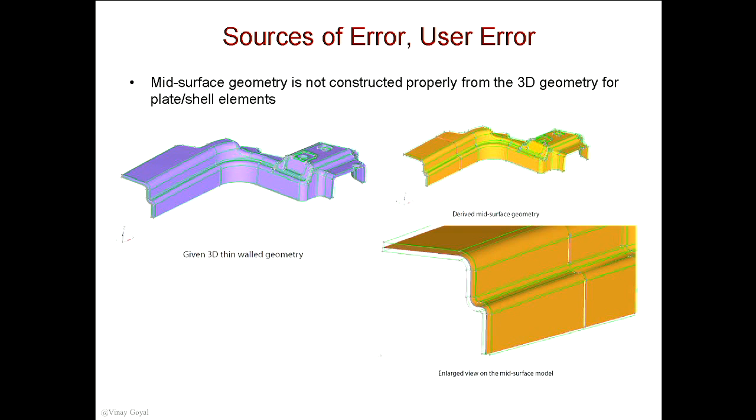So if you have a 3D body given to you, 3D solid, and it looks like you can represent it with shell elements or plate elements, you can extract the mid-surface. So here's the mid-surface of that 3D body. And then just make sure your mid-surface follows very well and that you don't have some disconnections in here, because when you mesh it, you want to make sure you're representing the thickness of all these areas accurately.